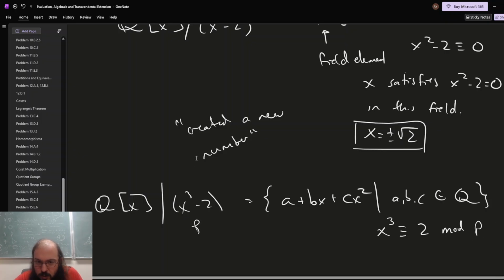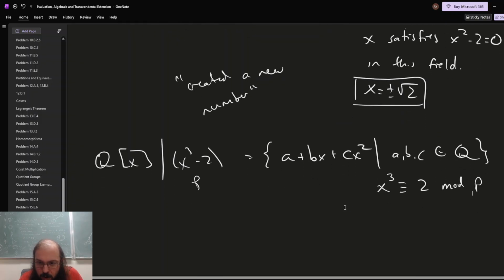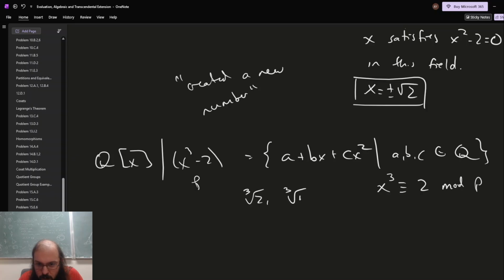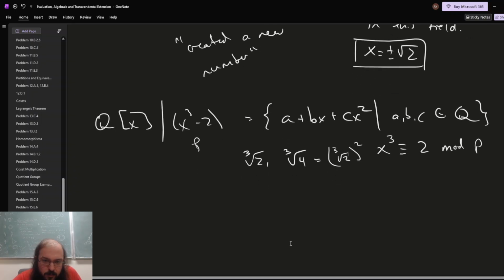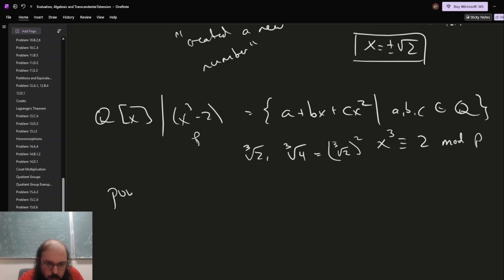And so I have new numbers x and x squared playing the role of the cube root of 2 and the cube root of 4, or the cube root of 2 squared. That's the same thing by elementary algebra. And so what we're seeing is these powers of x produce the new field elements.